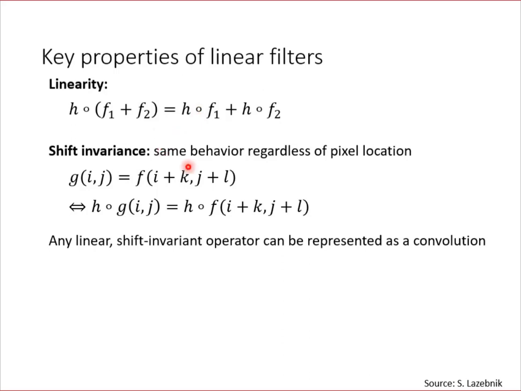And the linear filter also has another property called shift invariance. It means if you have an image F and you generate another image G just by shifting the pixels, when you apply the filter on the new image, it will equal when you shift the image after applying the filter.